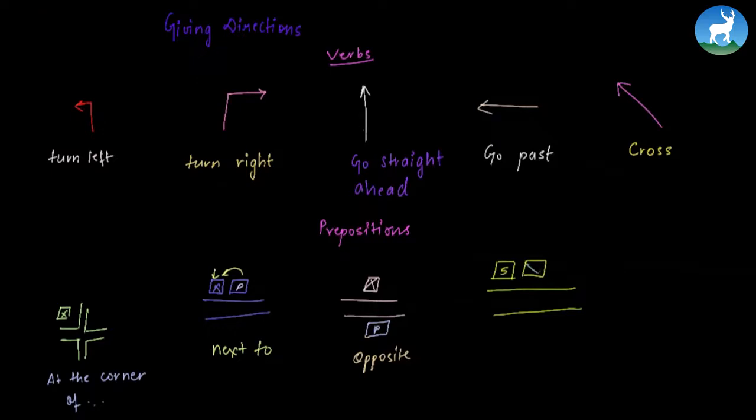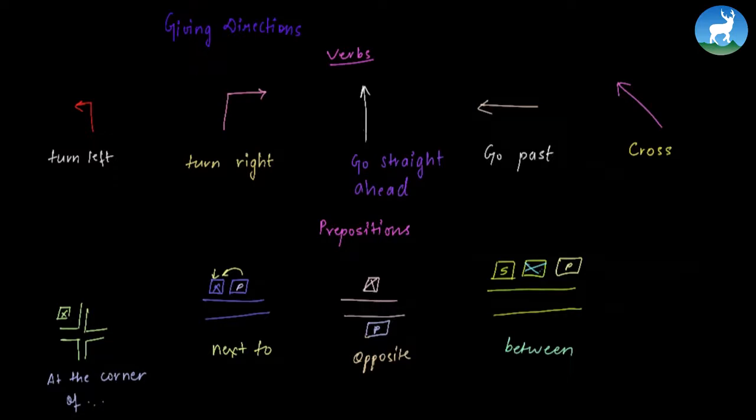This is the destination of the person, and here is the post office. So you can say your destination is in between the post office and the school. Your destination is in between the Mahindra school and the post office.